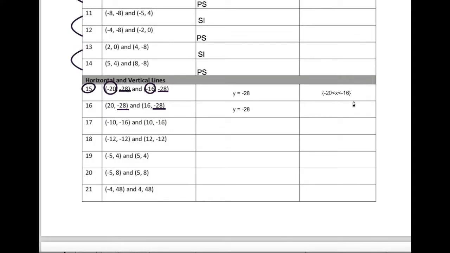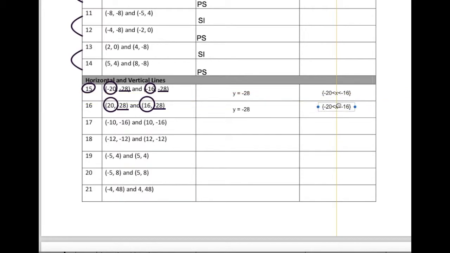Okay, let me go over one more of those. On line 16, we want that horizontal line at -28 to start and stop. If we don't give it the start and stop places, then it's just going to be a line that infinitely goes in both directions. So we want it to start and stop at 20 and 16. We can write these constraints two different ways.